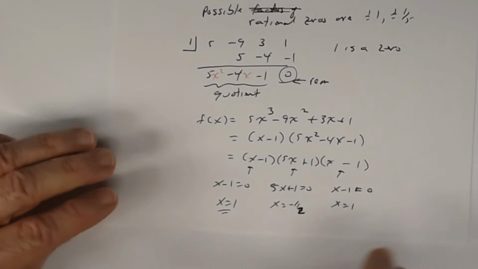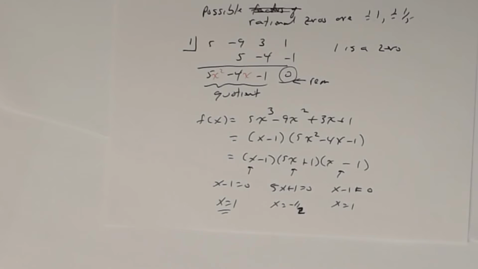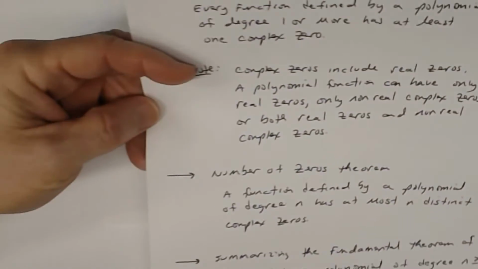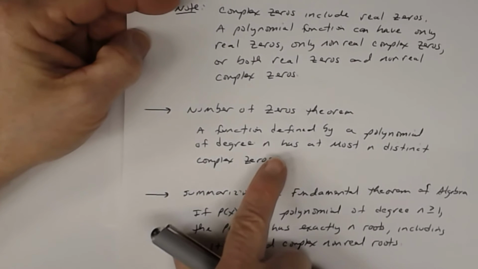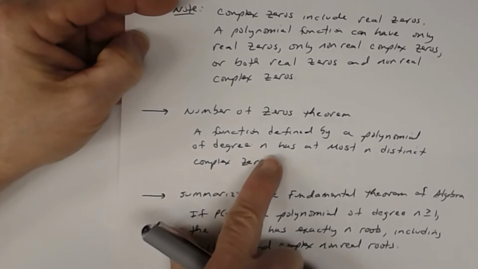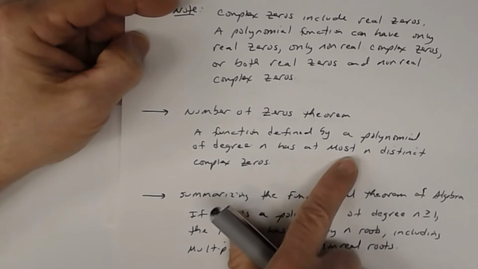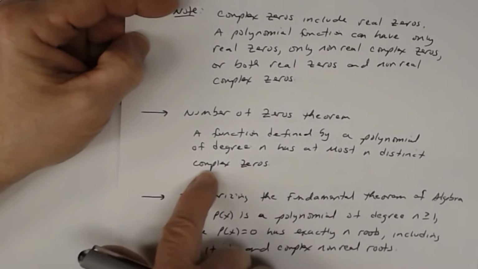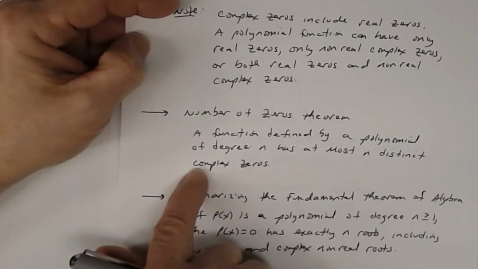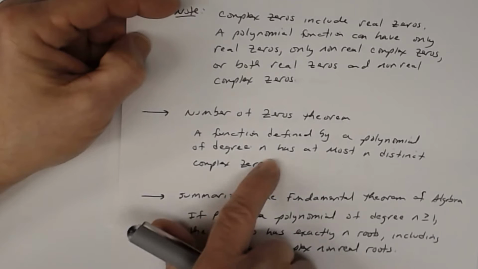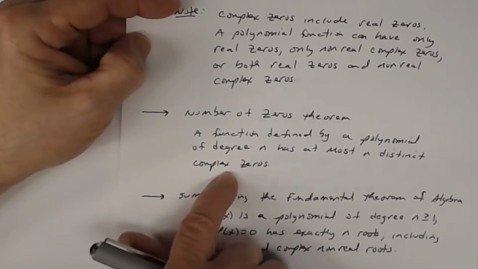So notice, remember this theorem. If I can find it real quick. So the number of zeros theorem says a function defined by a polynomial of degree n has at most n distinct complex zeros. Now remember, complex zeros means real zeros or non-real zeros.